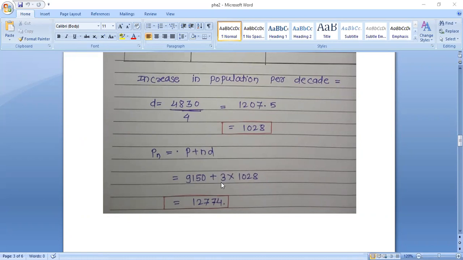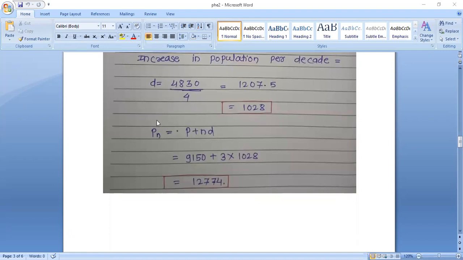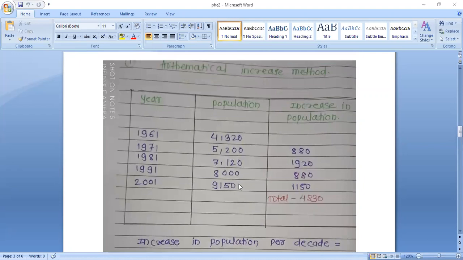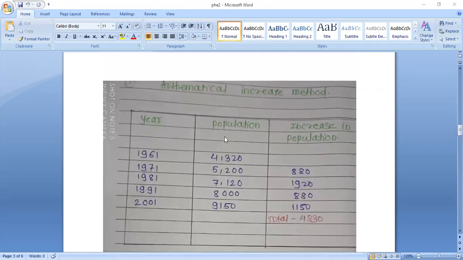Then N is equal to 3 into the value of D, we have calculated the value of D as 1028. That is, Pn, the population after 3 decades, is equal to 12,774. Hope you all get how to find out the population of any city by using the arithmetical increase method.